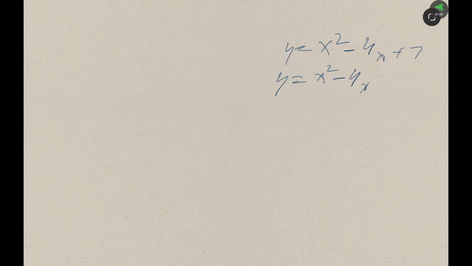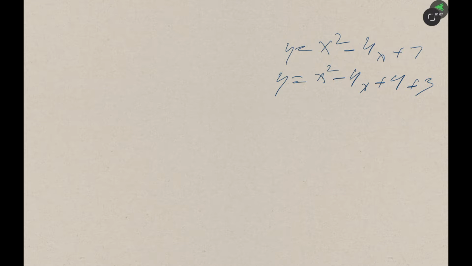So I had the function y equals x squared minus 4x plus 7. I can rewrite this as x squared minus 4x plus 4 plus 3.